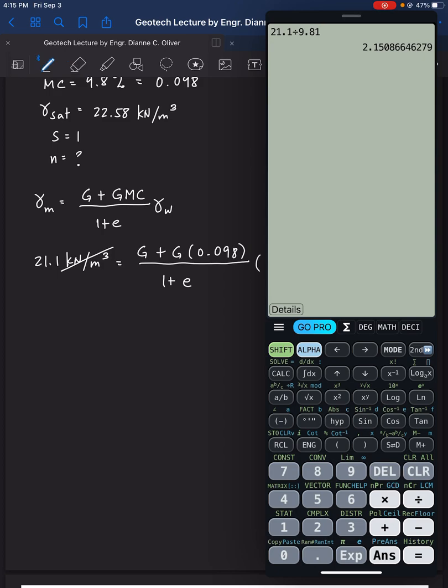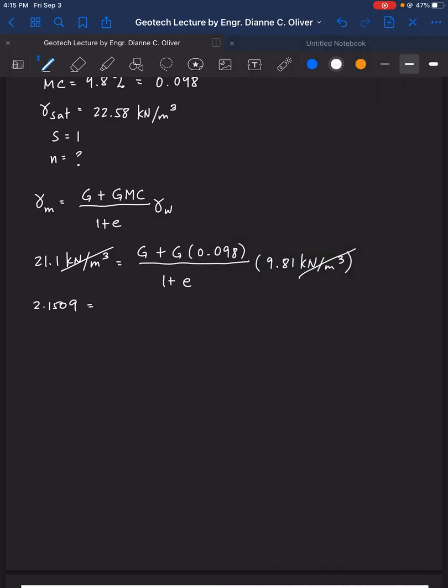Then we multiply with 1 plus E. So that becomes plus 2.1509 E equals 1.098 G. Then arrange it.